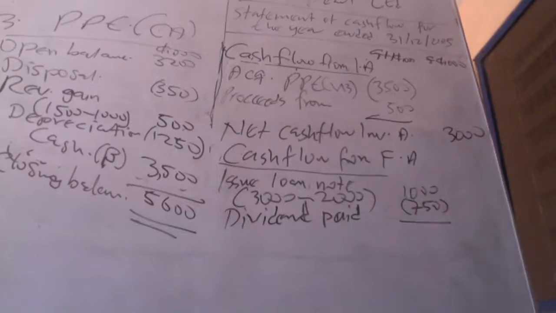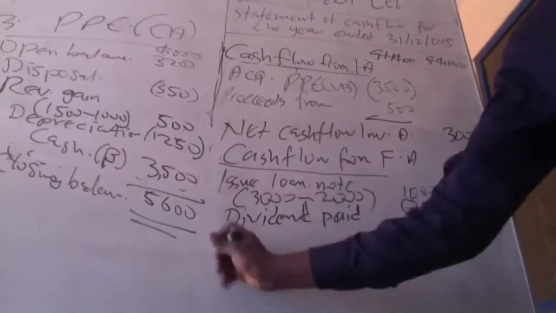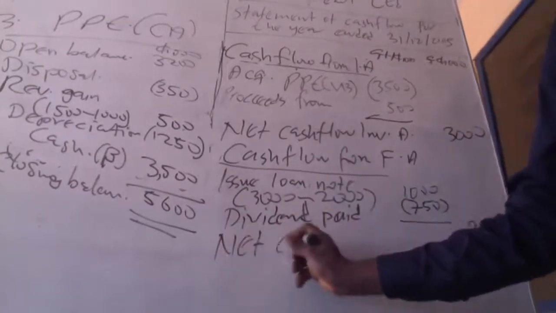So that's the net cash flow from financing. Putting together, you get 250, right? But I told you that for financing and investing, you don't need to worry. What you have to worry about is the operating activity, the stubborn guy. Financing just talks about the debts and your equity.